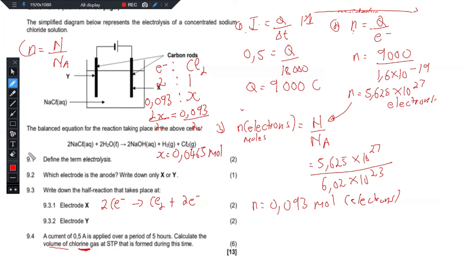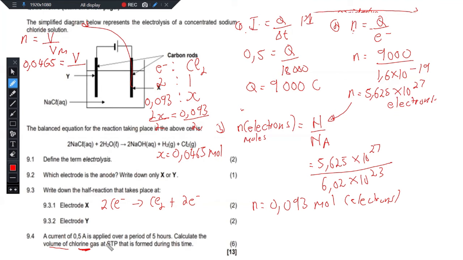But then now we want the volume of chlorine gas. That means that the final formula that we have to use now is this one. n is equals to V over Vm. So from here, you want to come and use this formula. Now the number of moles, 0.0465. You are looking for this volume up here. The Vm is a constant.